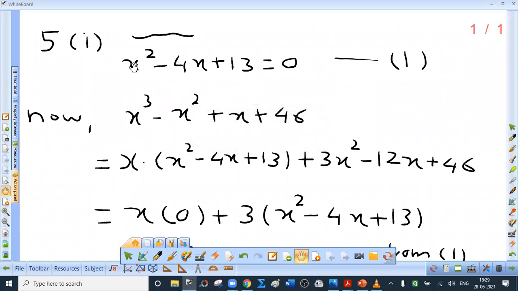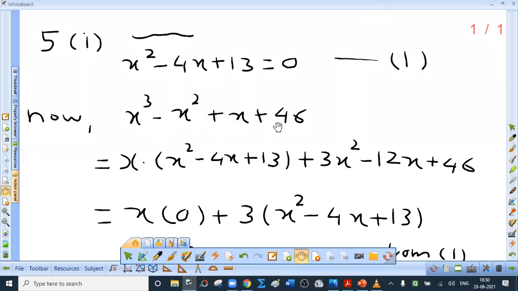I have to use the fact that the value of this is 0. So I write what I want, but then I must obtain what is there. X into x square is x cube. Present x into minus 4x is minus 4x square. But it is minus x square. To make it balance, I must add 3x square.